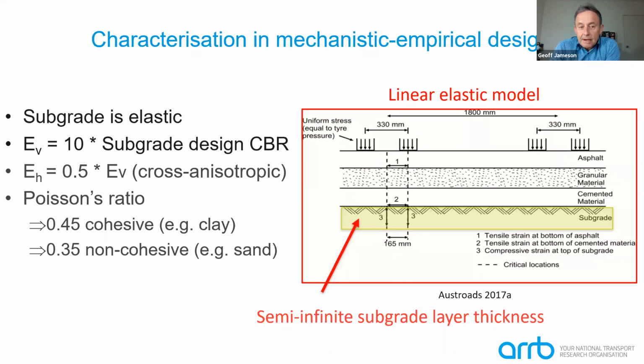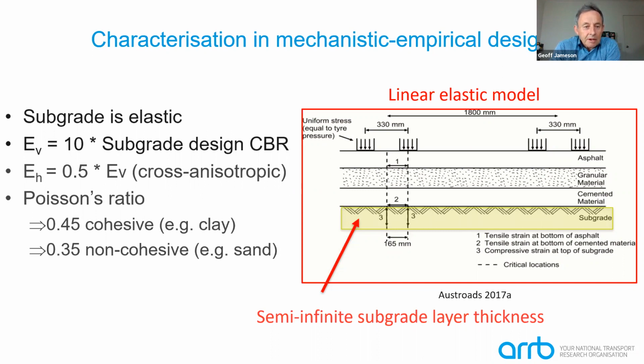And as I'll talk about later, there's no consideration of the stress dependency of subgrade moduli. In terms of how we estimate the modulus values, we have a rule here. We multiply the design CBR by 10 to estimate the vertical modulus, and the horizontal modulus is assumed to be half the vertical modulus.